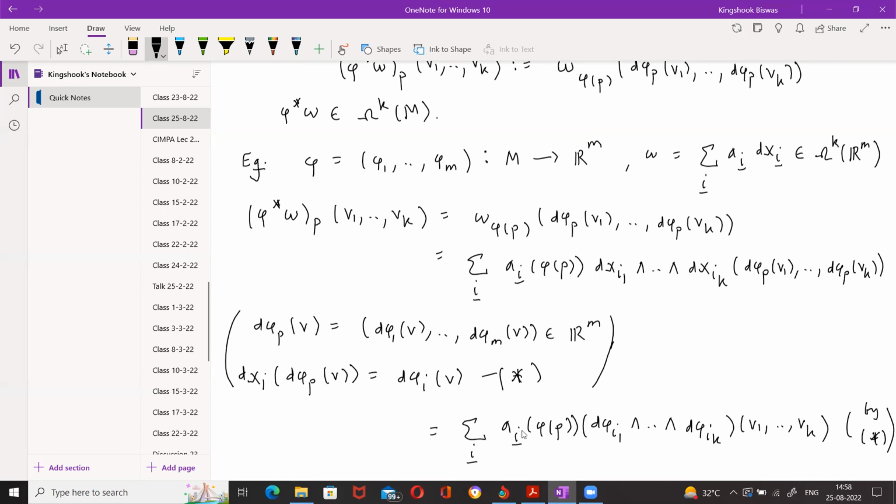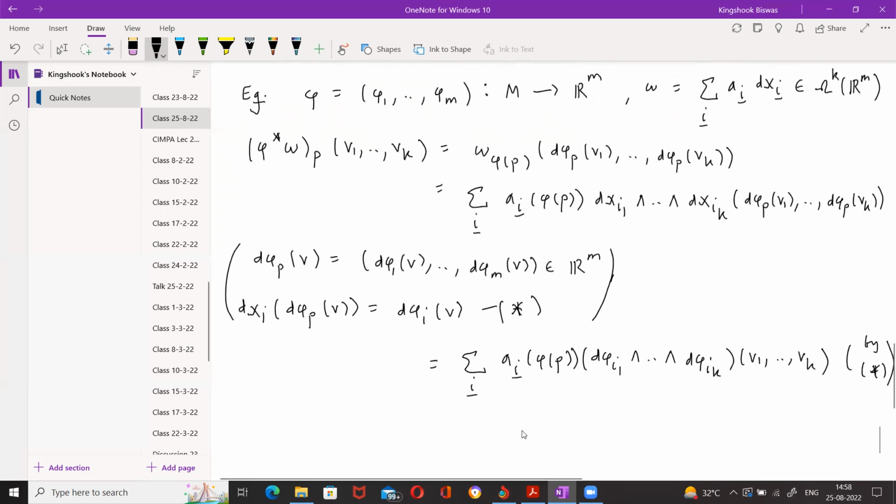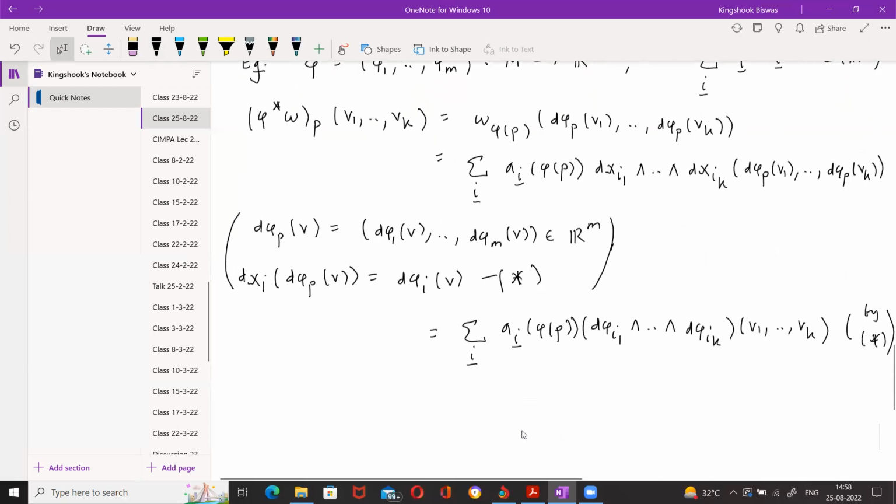Okay, so what does that tell me? That tells me that phi star omega applied to this k-tuple V1 to Vk is the same as this differential form, summation over I bar, a_I bar composed with phi, into d phi I1 wedge d phi ik applied to V1 to Vk.